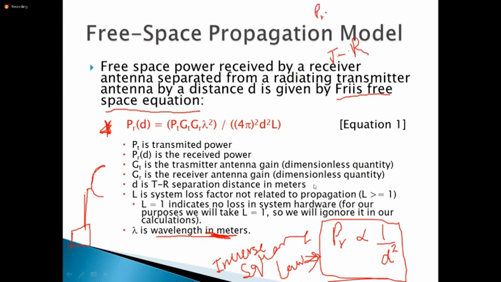exam එකේ අහනවා PRD, එහෙම නැත්නම් D distance එකක් අතර තියෙන received power level equals to PT. You have to remember this. Then GT, GR, lambda square divided by 4 pi square.